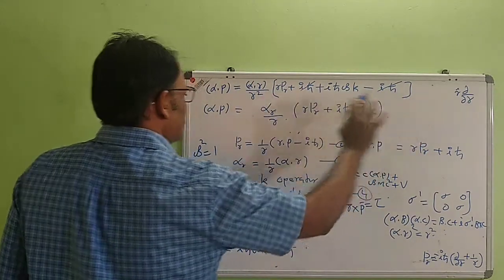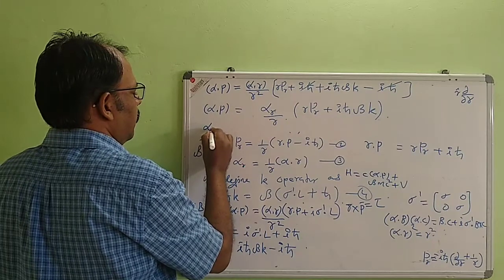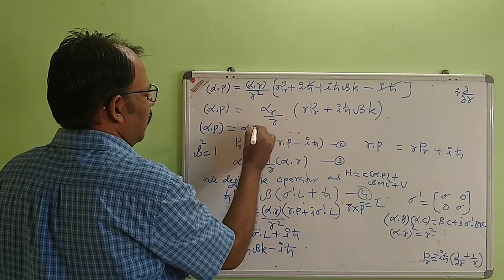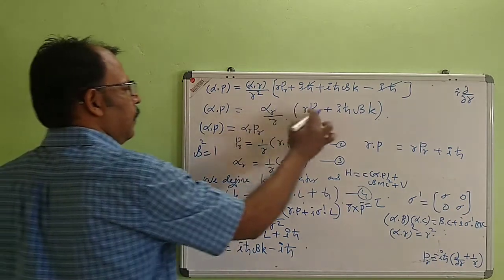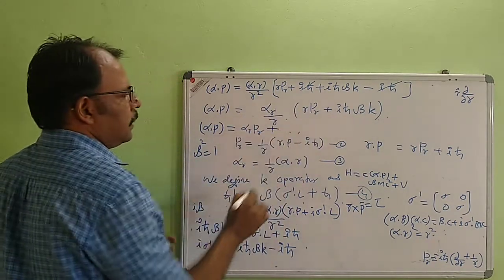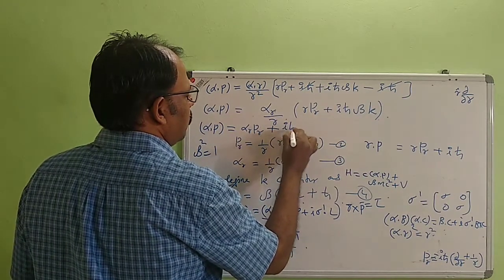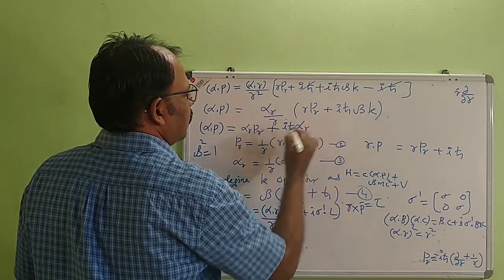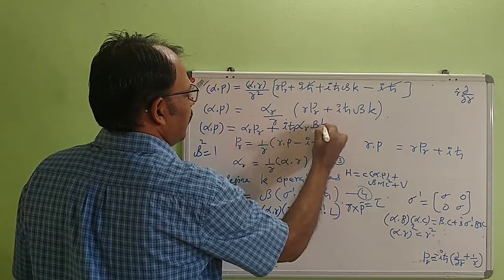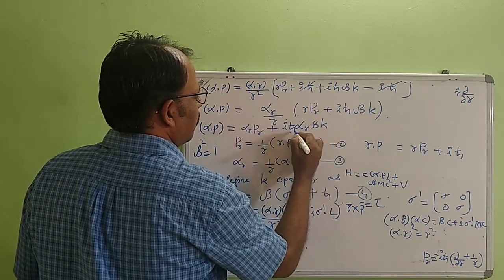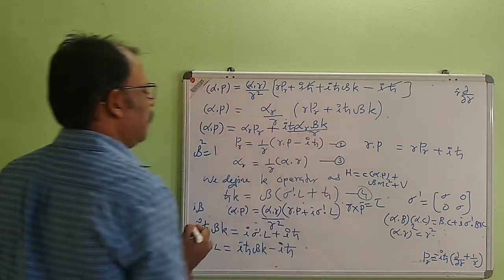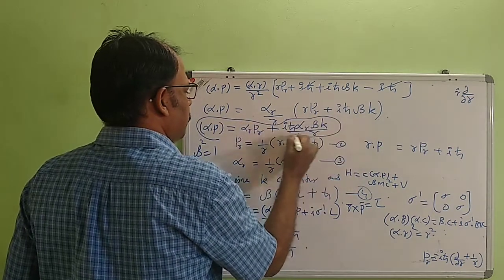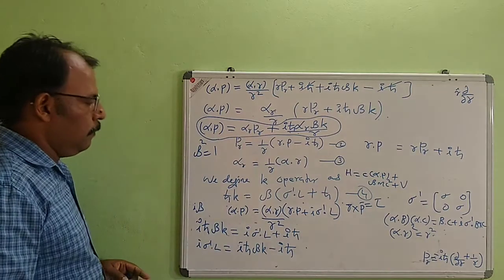Multiply this, then we will have alpha dot P equal to, first term alpha RPR, plus second term, i h bar is a constant, I can take out i h bar, then alpha R beta k by R. So this is the expression for alpha dot P.